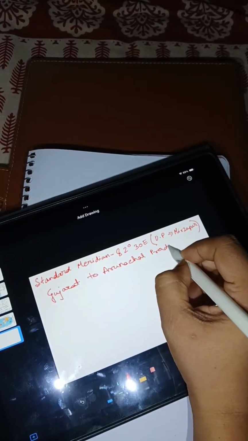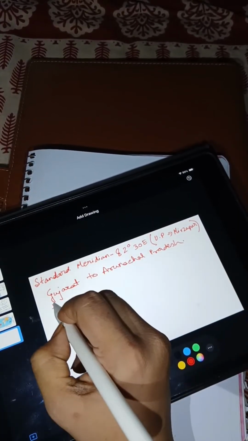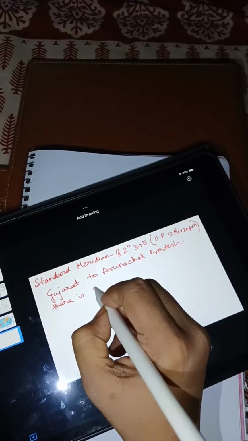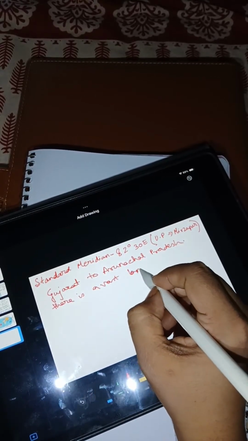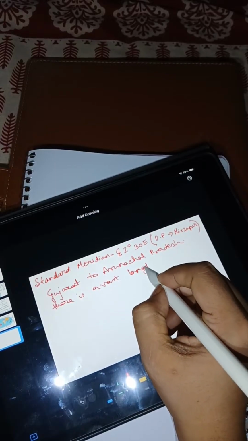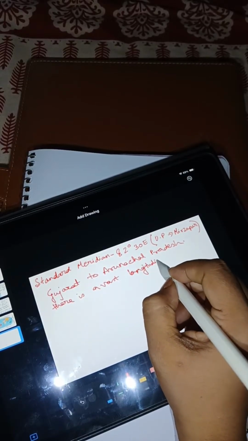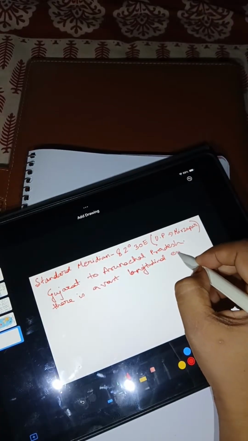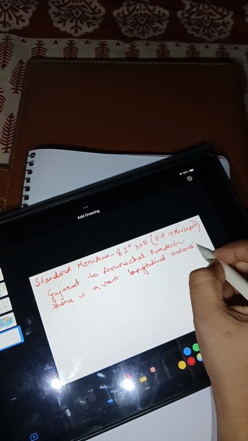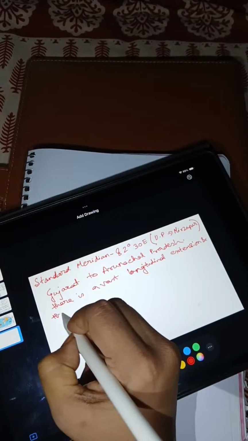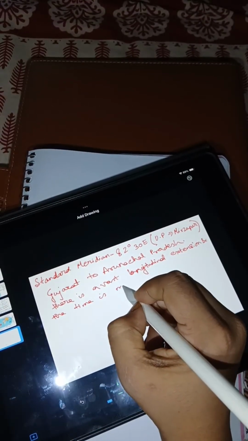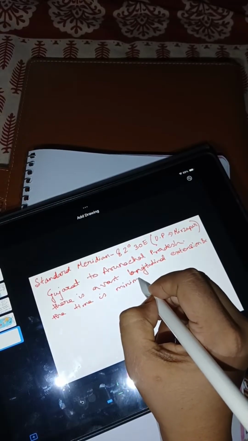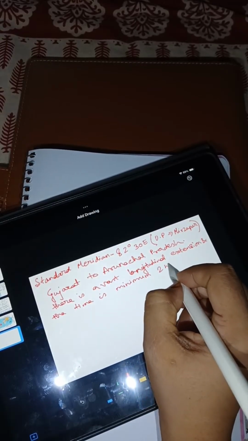There is a vast longitudinal expansion and the time difference is a minimum of 2 hours.